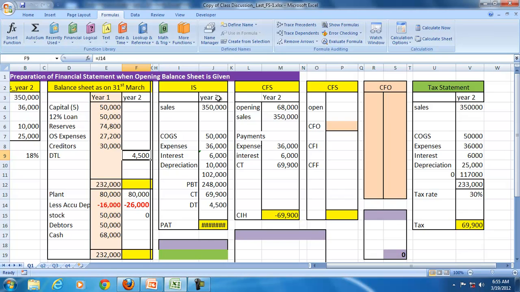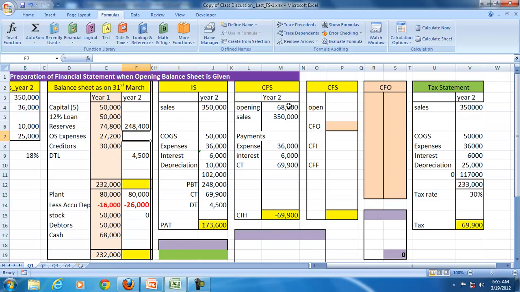The profit after tax now can be calculated, which is 173,000. No information is given, so let us assume that the entire profit after tax is retained.